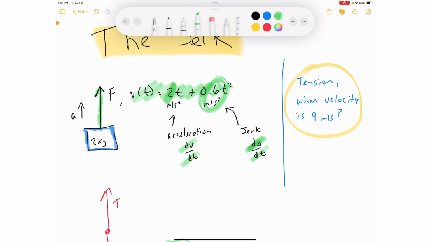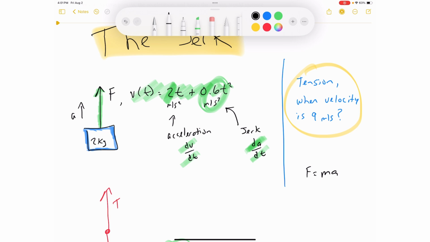that the acceleration is not constant because jerk is being applied to it, but also that the force is not constant, right? So if the acceleration is not constant, the force is not constant, because remember force is equal to mass times acceleration.